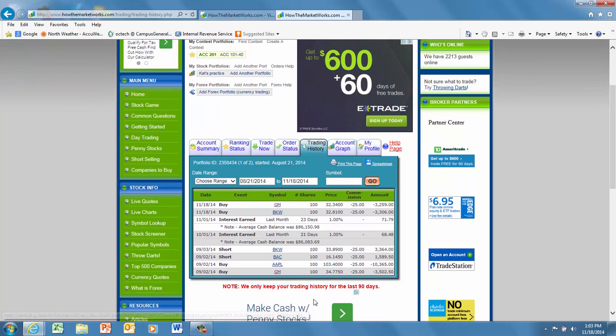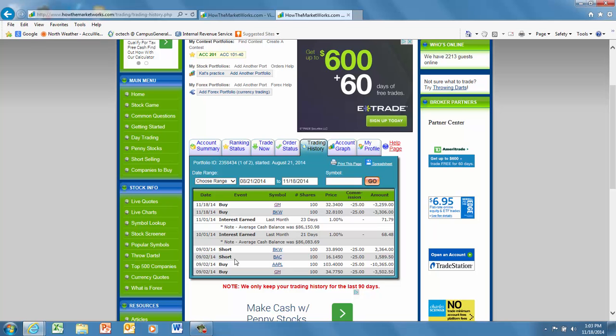In this case, I have some that say short. That means that you're selling first and buying later. You want to do that if the stock price appears to be going down, has a downward trend, and you want to sell first while it's high, and you expect it to go further down, and you'll buy second.